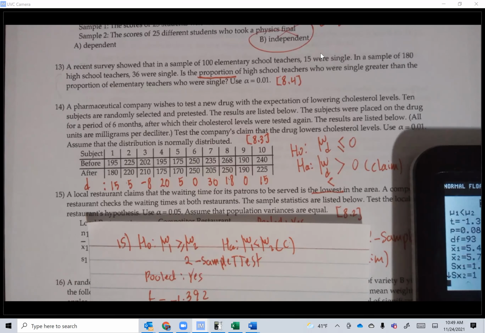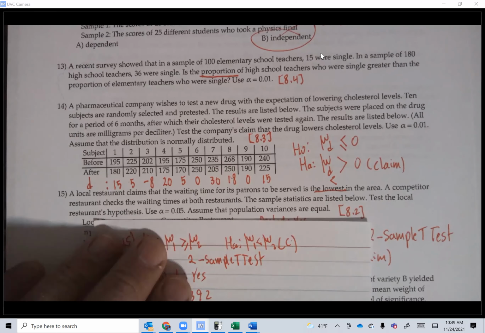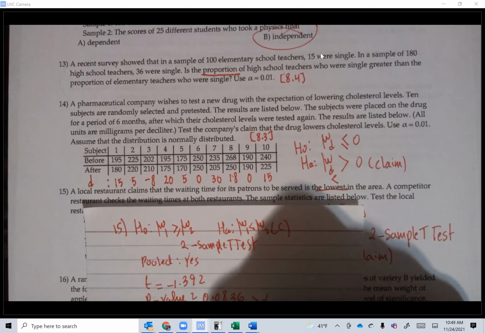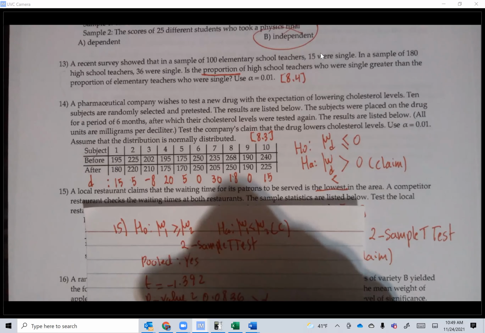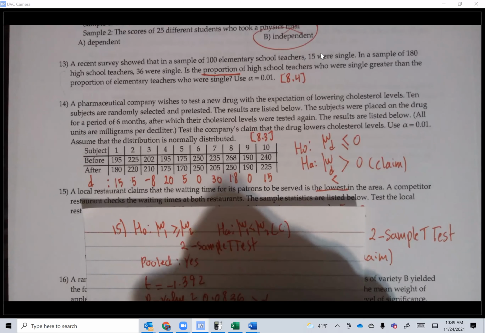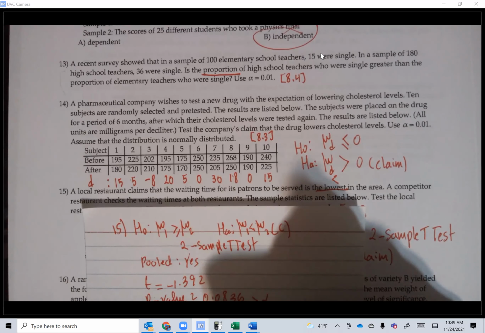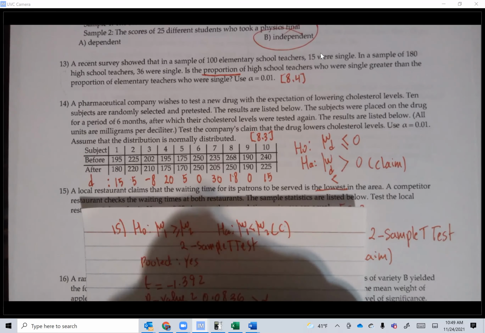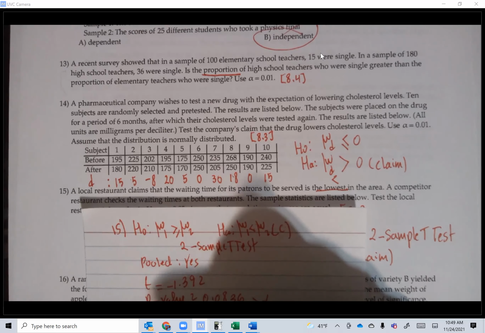Okay, so what is alpha here, guys? Alpha is 5%. That's bigger than alpha. You fail to reject H0. And you say there is not enough evidence at the 0.05 level of significance to support the claim.